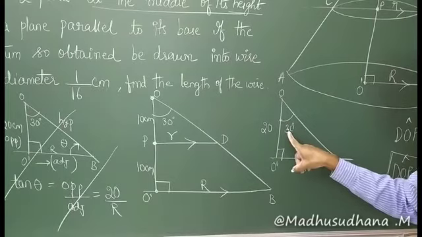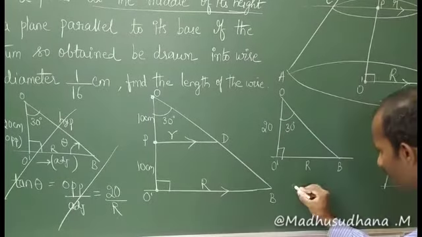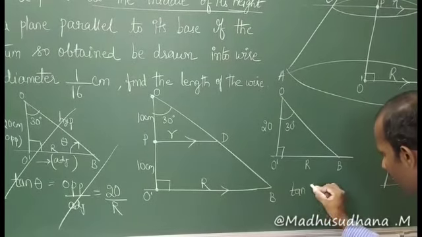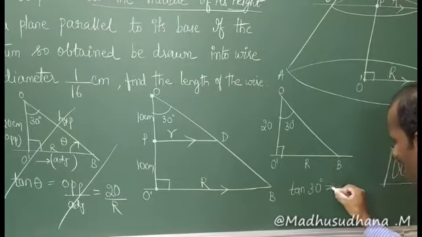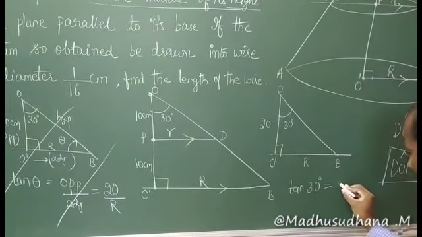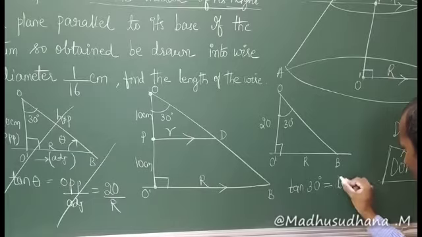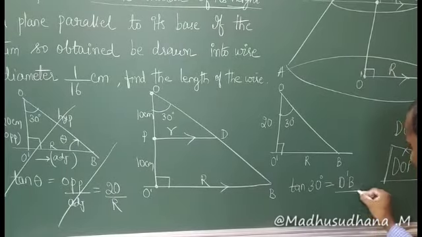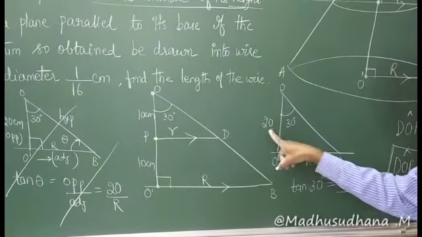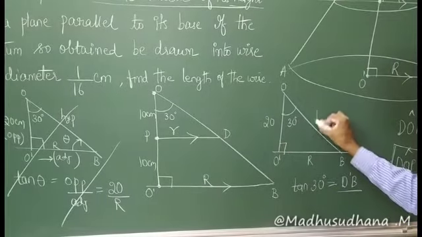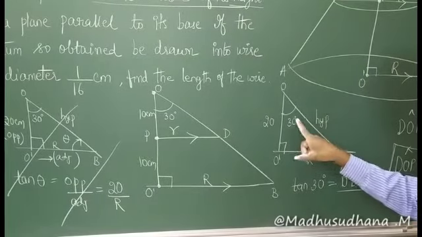Since this angle is given, tan 30 degrees is equal to what? Opposite, this is O dash B, divided by adjacent, opposite by adjacent. So this shall be my hypotenuse. This is my theta now.